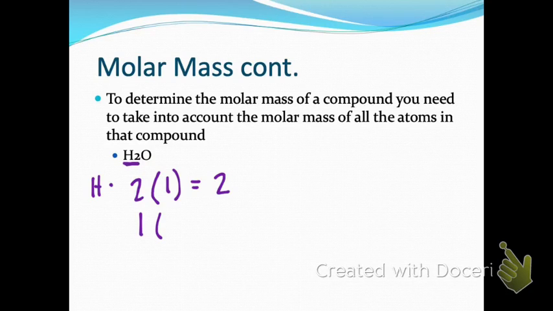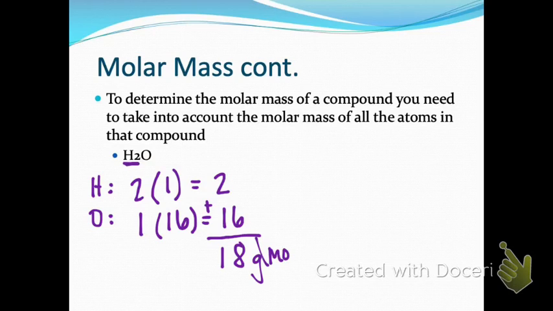Here's hydrogen, here's oxygen. Molar mass of oxygen is 16. So I add those up and I get a total of 18 grams per mole. That's the molar mass of water. If I took exactly 6.02 times 10 to the 23rd molecules of water and put them on a scale, it would weigh 18 grams.